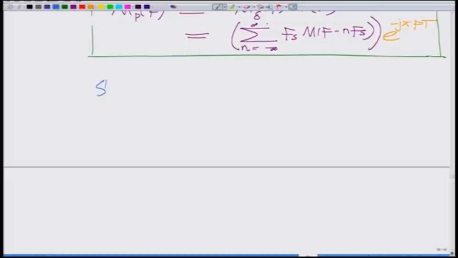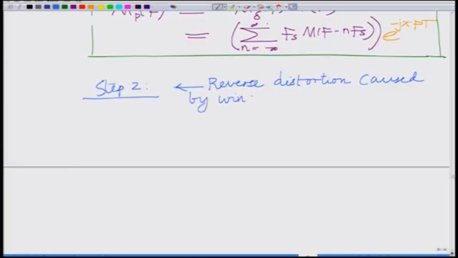So, in step 2 you have to, in that frequency band, reverse the distortion caused by windowing with the sinc function.